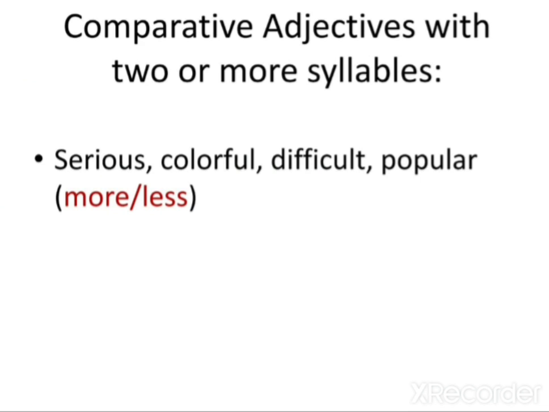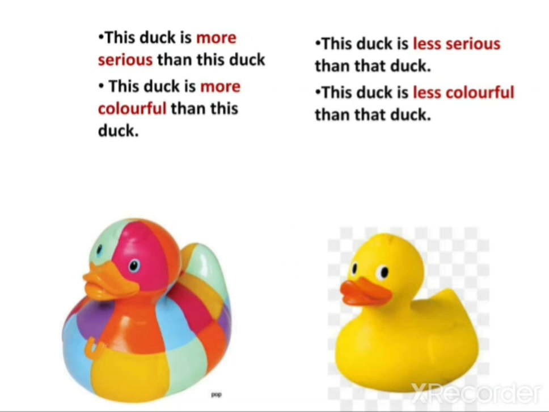So when we have longer words that are more than 1 syllable or beat, we use the word more when we want to compare. Okay, so I will give you an example. I have here 2 pictures of ducks. I want to compare them. So when I am comparing these 2 ducks, I look at them and I think, which one is more serious?